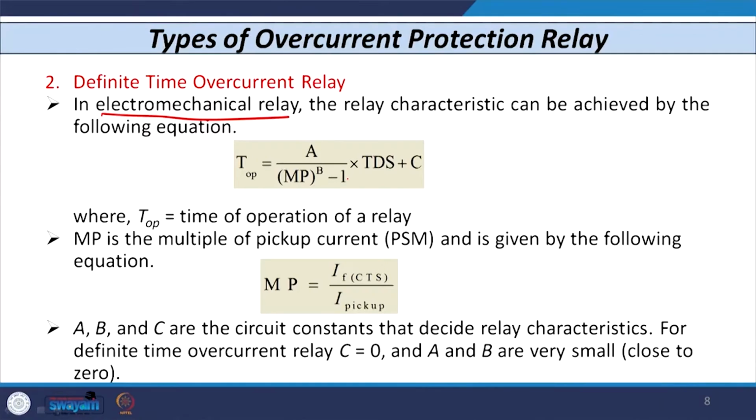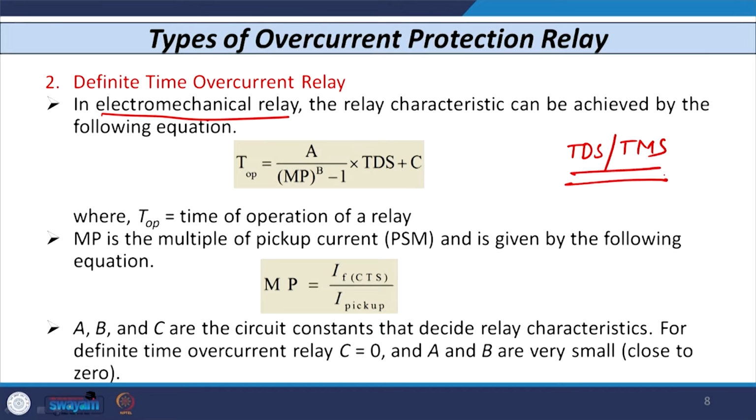So, in this equation, the multiple of pickup current, that is the fault current on the CT secondary side divided by the plug setting, is calculated like this. The value of TDS is known as the time dial setting of the relay, or sometimes also known as the time multiplier setting of the relay.